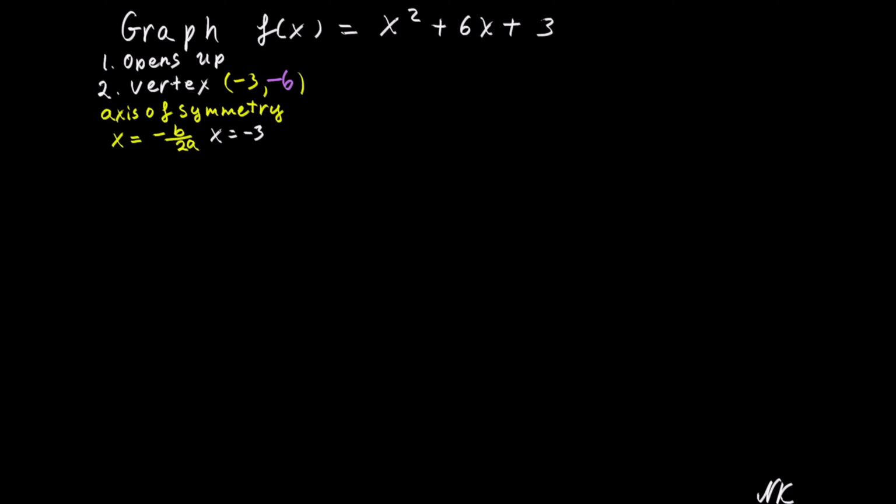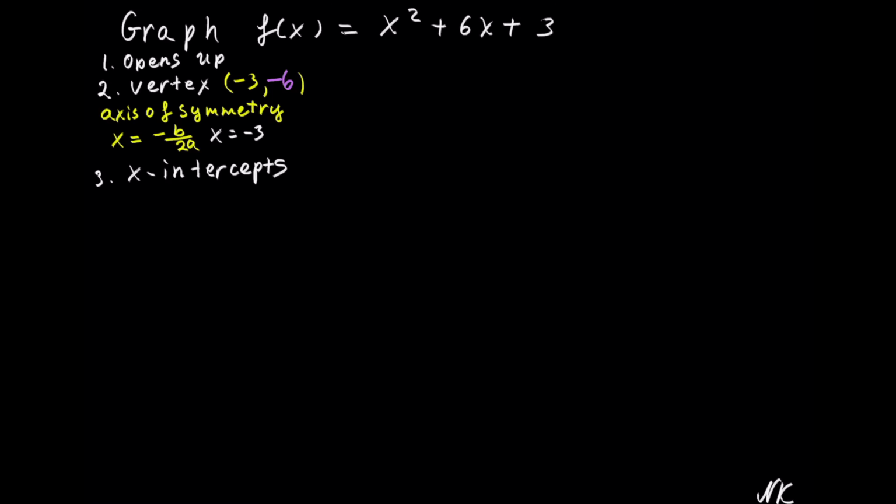The vertex is the most important part of the parabola. So the next thing we need to calculate is the intercepts. Let's do x-intercepts first. X squared plus 6x plus 3 cannot be easily factored.